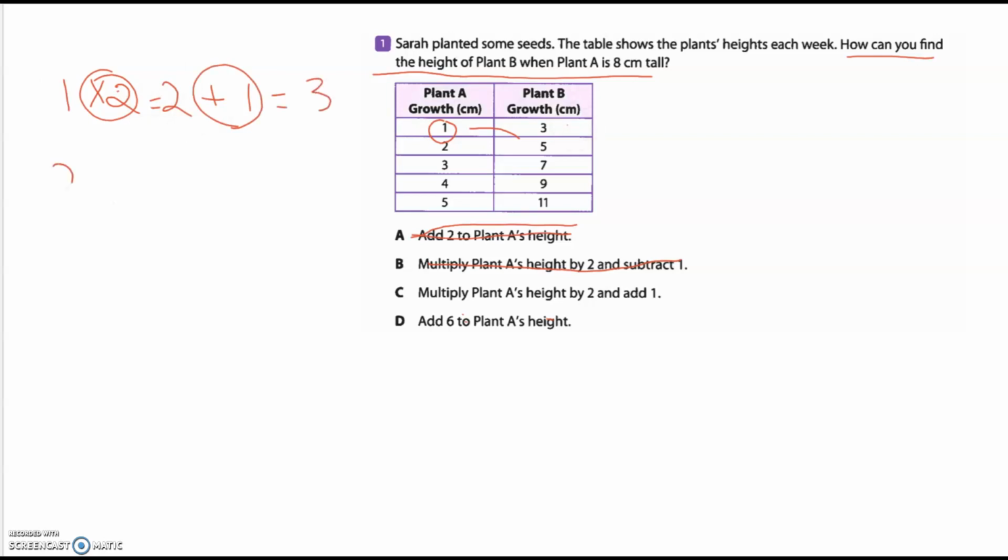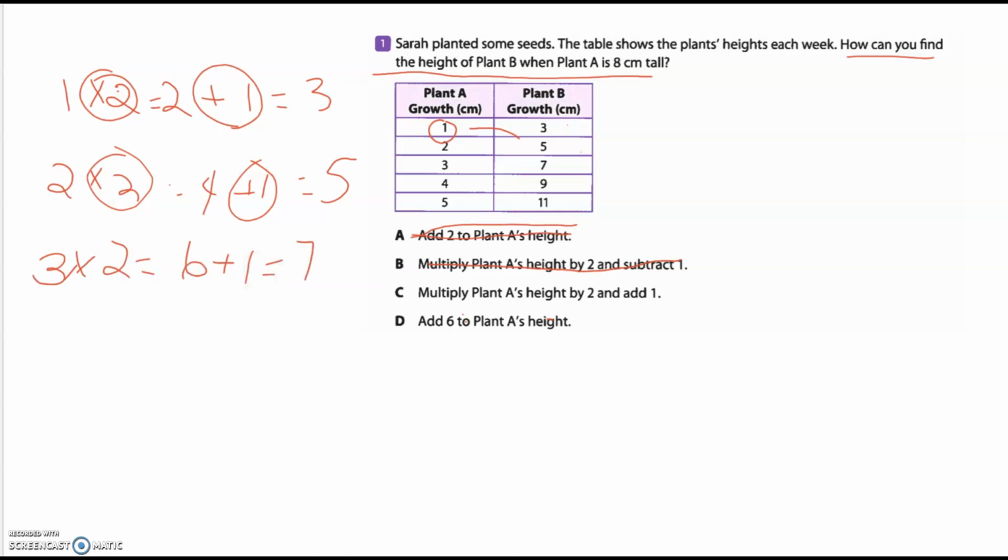So now I'm going to test it with the next one. 2 times 2 equals 4, and then 4 plus 1 equals 5. That is what I have here. I'm going to try just one more. 3 times 2 equals 6, and 6 plus 1 is equal to 7. That is what I have here. So I think this is my answer.